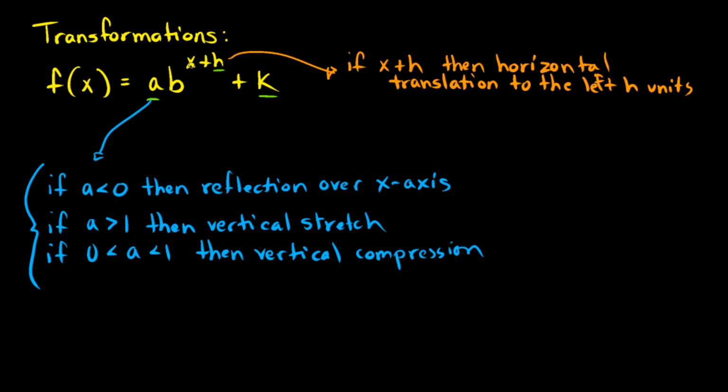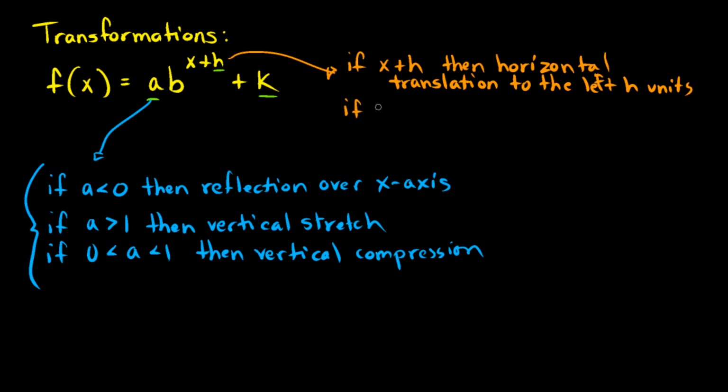So in other words, like if you were to see x plus 3 in the exponent, that would mean you're moving left 3 units. You sort of want to think the opposite of what you're looking at, because typically when we see a plus, we think of going to the right because of the number line. But in this case, and this also happens with parabolas in vertex form, when you see the x plus h, you want to think left.